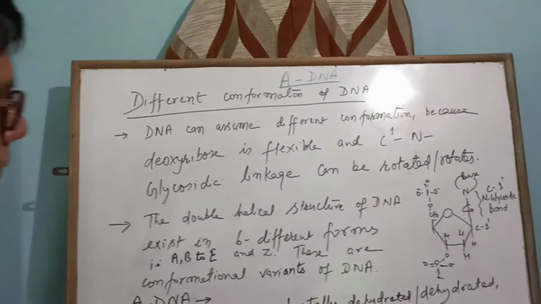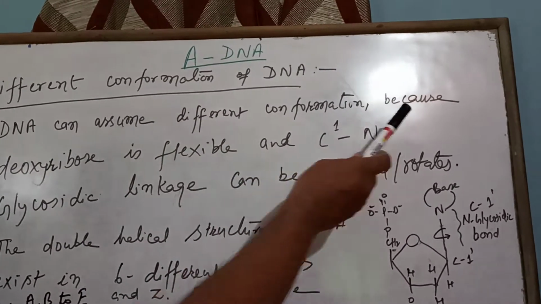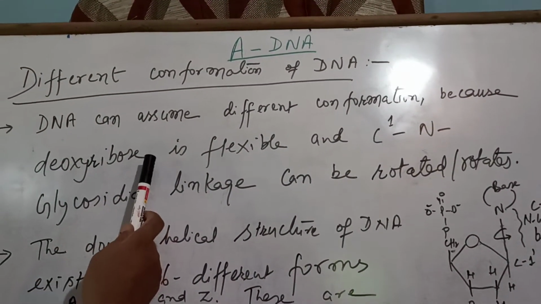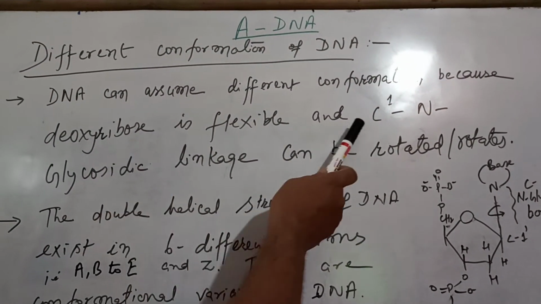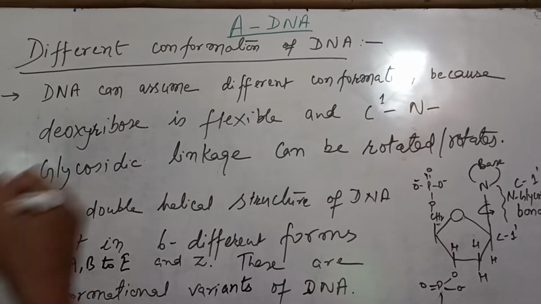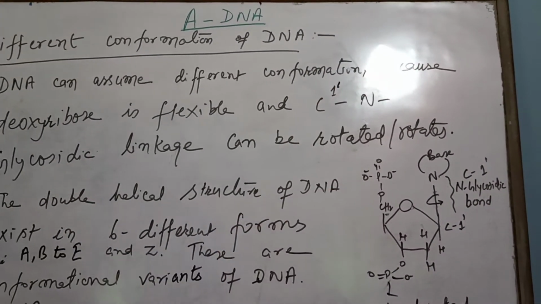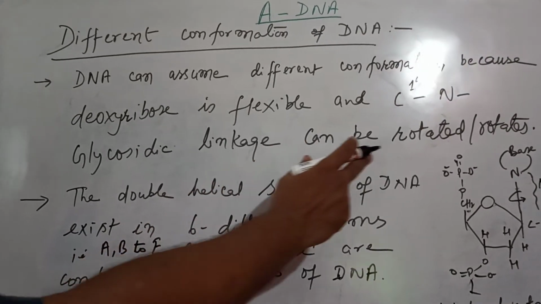Okay, so you see here DNA can assume different conformations because deoxyribose is flexible and the C1 prime N-glycosidic linkage can be rotated.